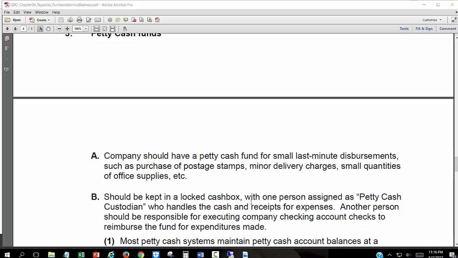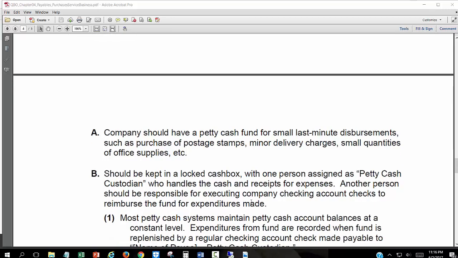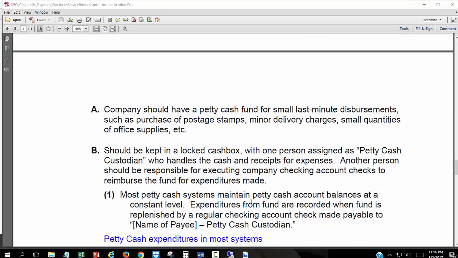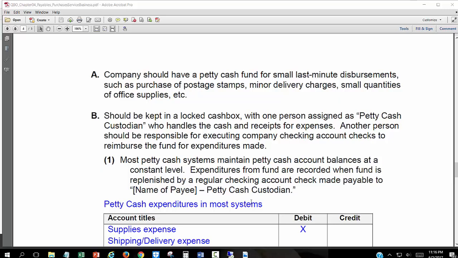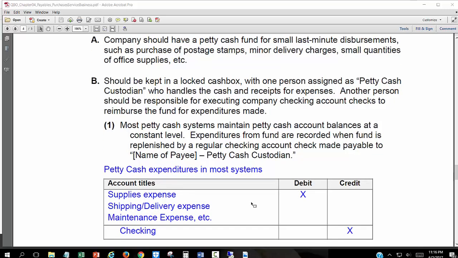So the petty cash custodian takes a check to the bank, cashes it, and brings the cash back to put in the petty cash box. Most petty cash systems have historically kept the petty cash balance at a constant level, like $100 or $300, and then when the fund gets reimbursed, when you decide that it's kind of low and you need to put the money back in, that's when the expenditures actually get recorded.